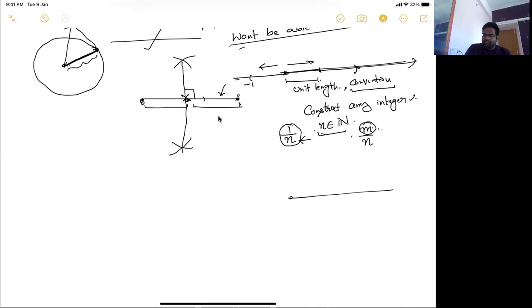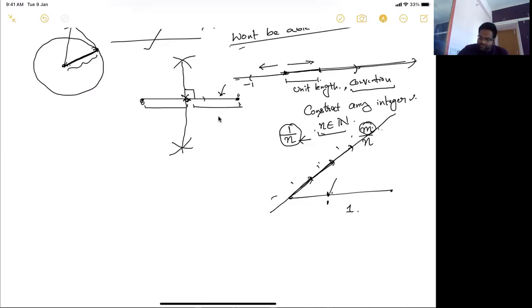So this is my straight line, which is of unit length. And then I draw some straight line like this. I mark 1 here, I mean, of length n. Suppose I want 1 over 3. So I draw one straight line and mark 1, from here I mark 1 and I mark 1.